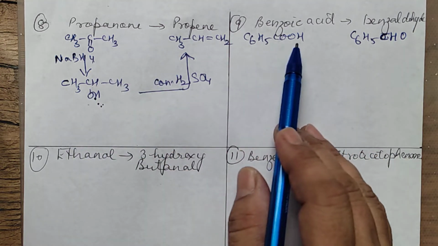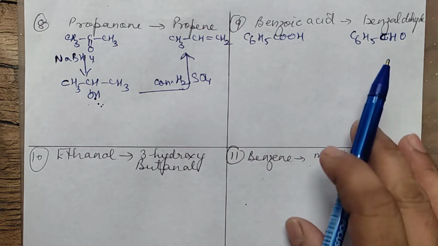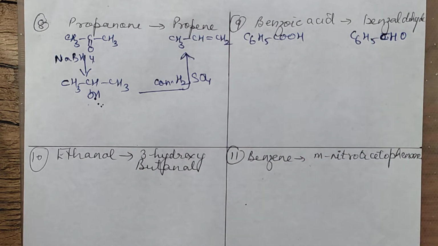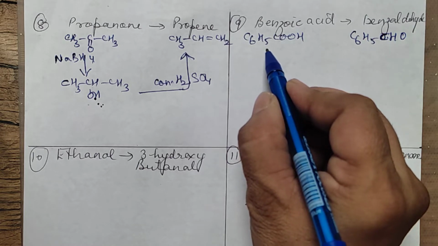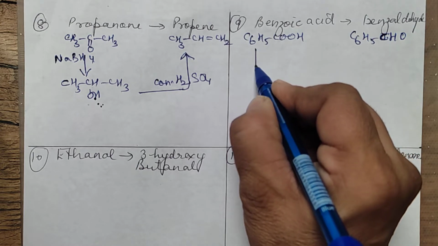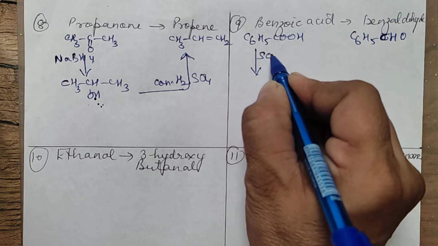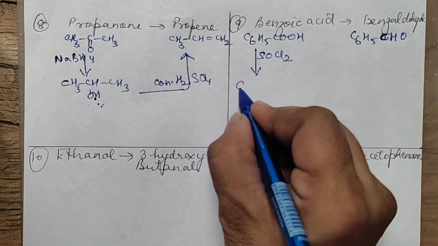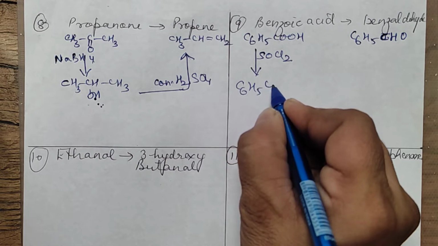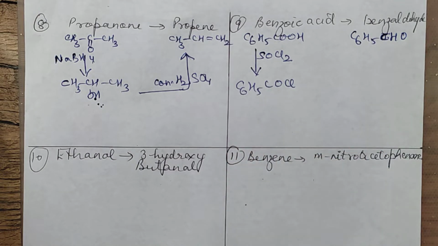Now, benzoic acid we want to prepare benzaldehyde. So what we can do, you remember Rosenmund's reaction. So first we will convert this into the acid chloride. React it with thionyl chloride. When you react it with thionyl chloride, you will get benzoyl chloride.